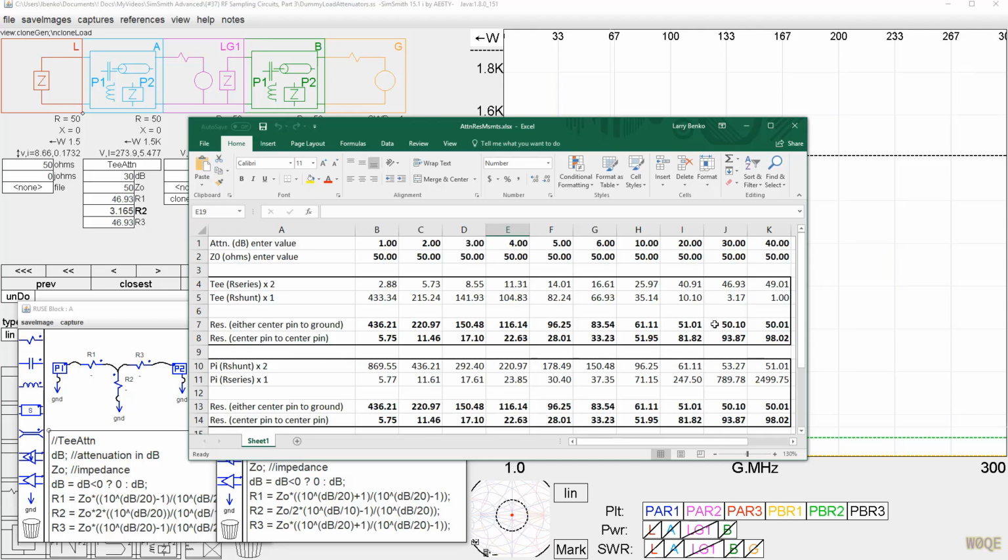That doesn't remove its value as far as being a dummy load, but it certainly makes it not an attenuator anymore. So I have this table in my cell phone if I'm at a swap fest and there's some attenuators there that I think I might be interested in. Anyways, I thought you might find that interesting.